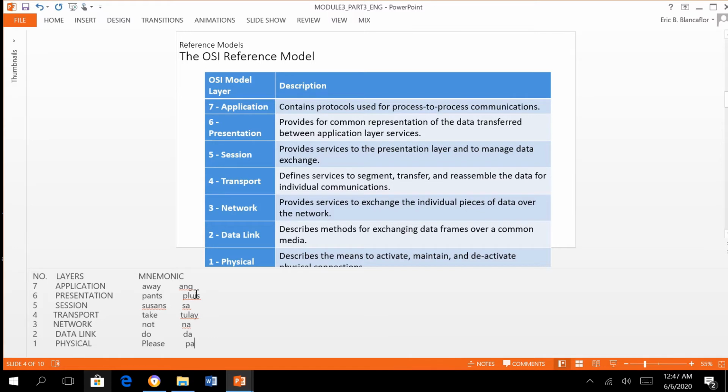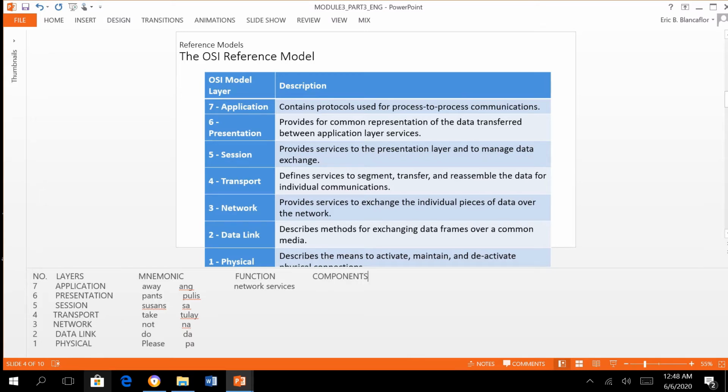Again, as I mentioned, there are specific functions, and we'll cover them here. I also have them in my slide. The application layer is where our network services are. Those network services, web browsing and email, are classified under the application layer.